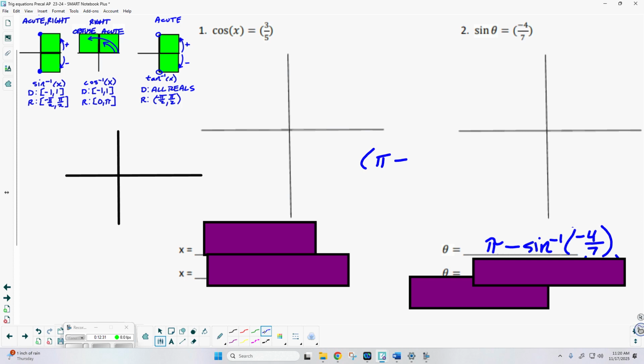So you could say pi minus sine inverse of a negative 4/7, and since we're solving for sine, you say plus 2 pi n, where n belongs to the set of integers. So it's still the same. You're taking the angle and you're just adding the appropriate interval, 2 pi or pi.